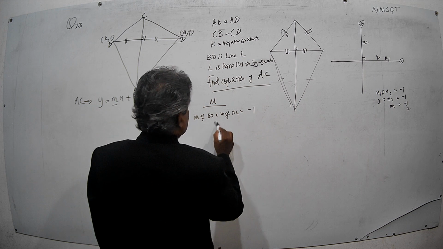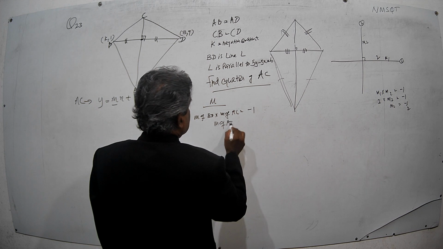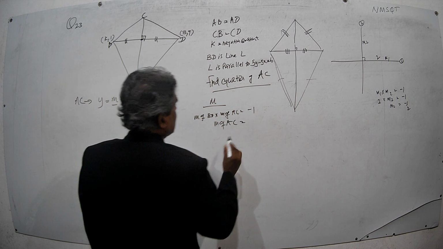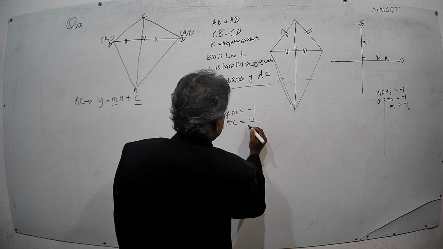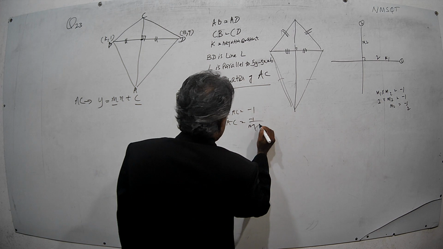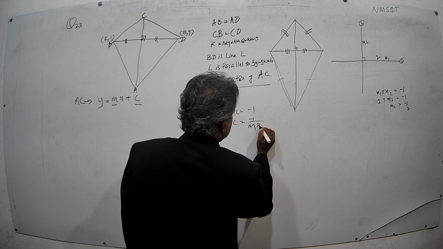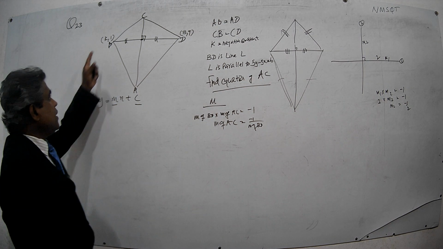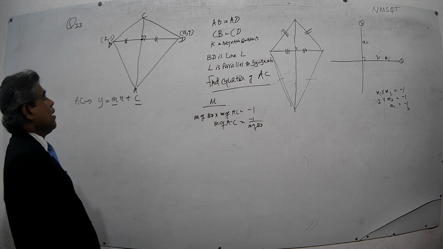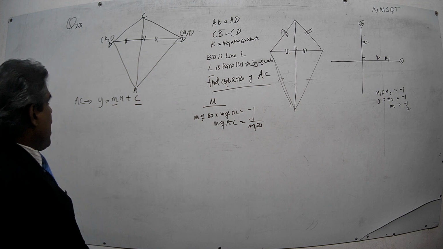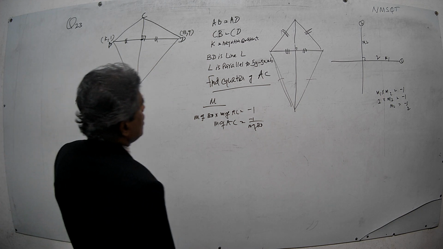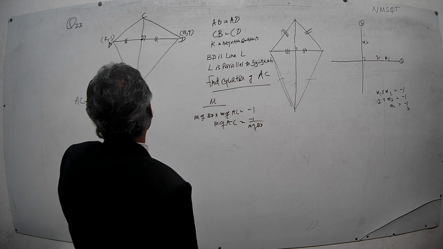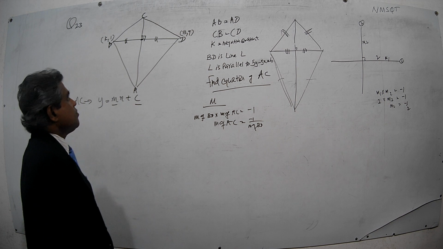Then m of AC equals -1 over m of BD. This is the principle. Then let's try to find m of BD. How do you get the m of BD?